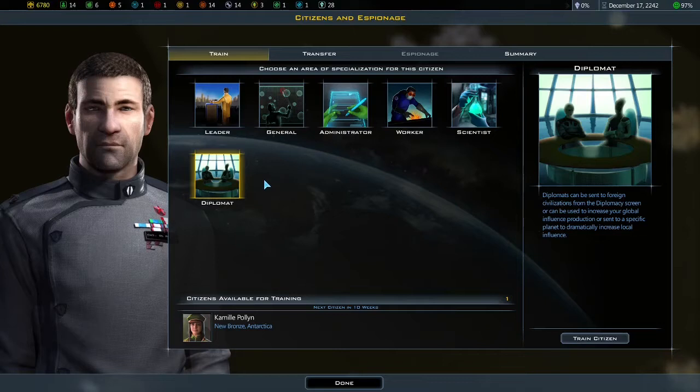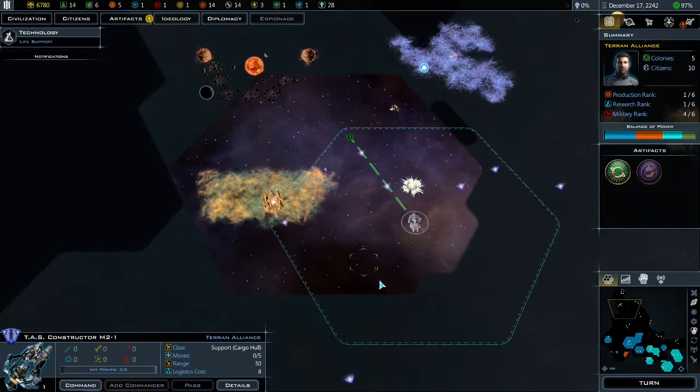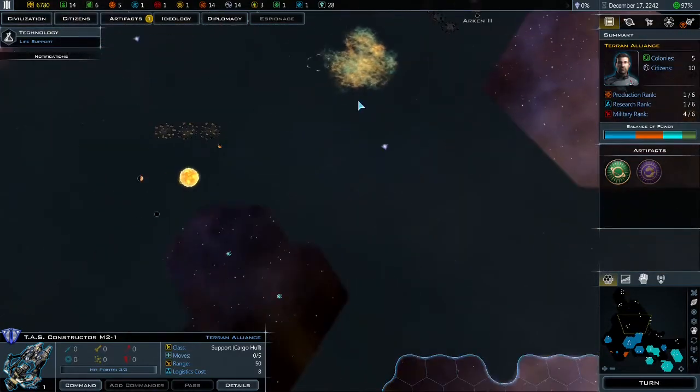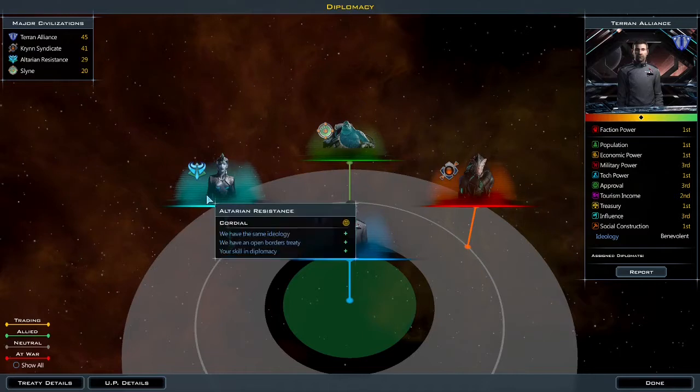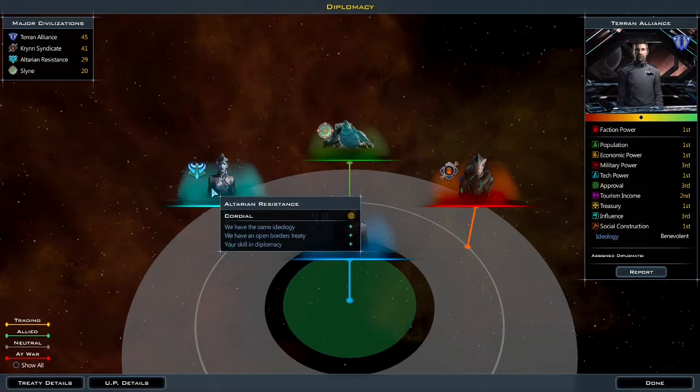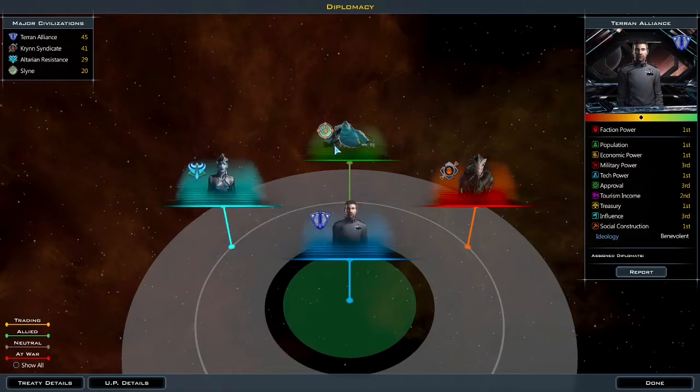And yet another nice citizen to claim is a diplomat. So if we get a diplomat, we can just go to our diplomacy screen in here, see all the civilizations around us, and for example, we do have pretty nice relationships with Altarian Empire.